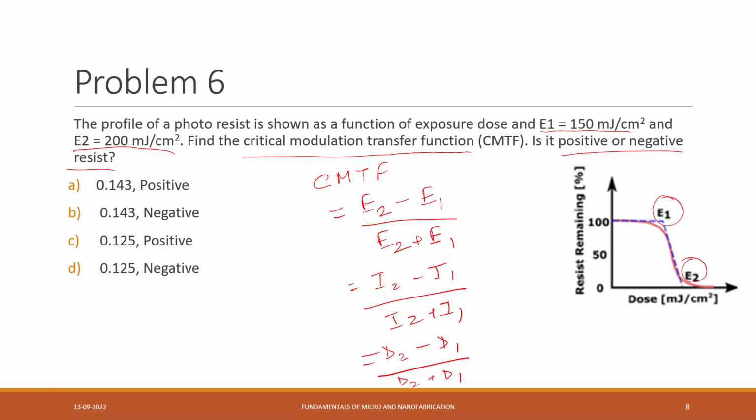So we have only two options. The critical modulation transfer function is essentially about how the resist behaves at 100% exposure and when it is the lowest. So you have to see the dosage of energy.